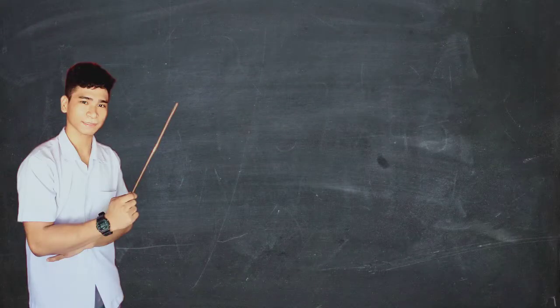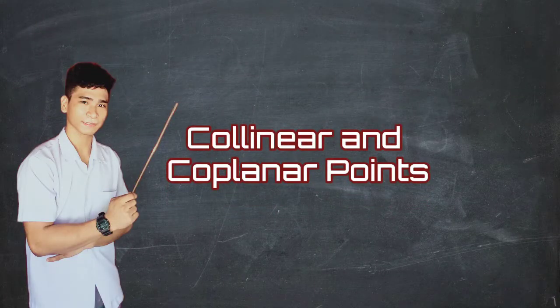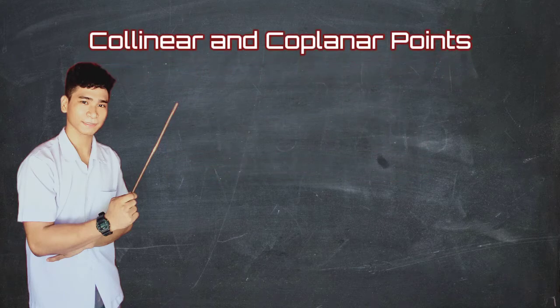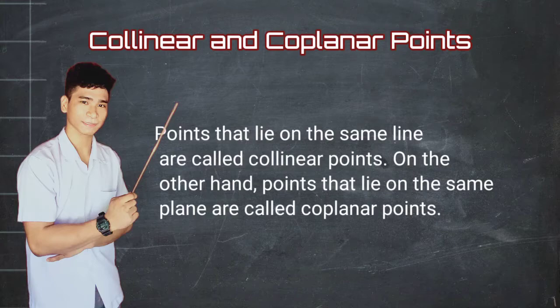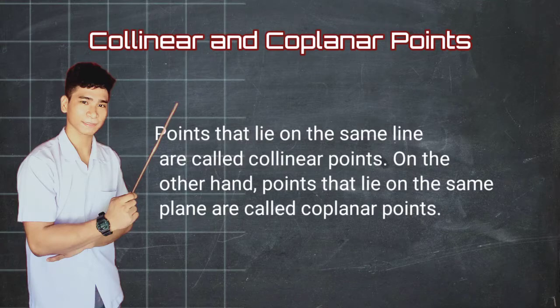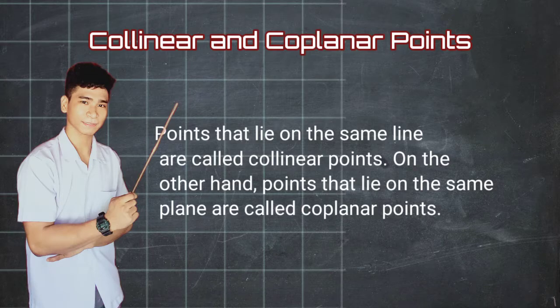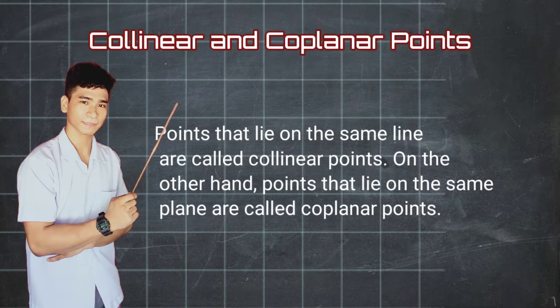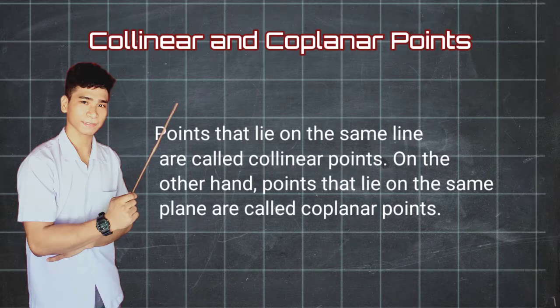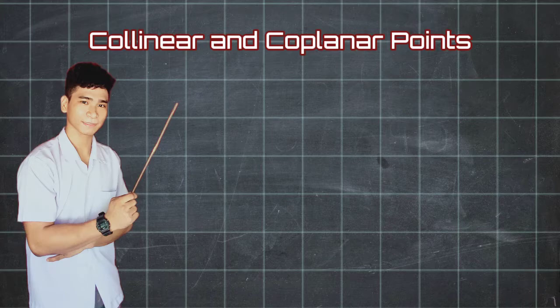Let's go to the collinear and coplanar points. According to definition, points that lie on the same line are called collinear points. On the other hand, points that lie on the same plane are called coplanar points. For the example of collinear points, we have a line.